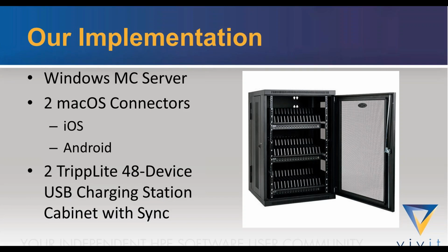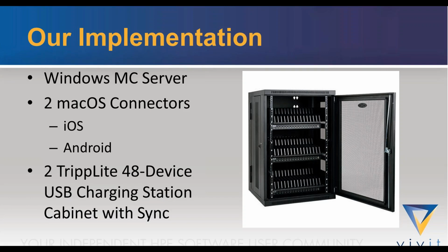So we bought a cabinet to house our devices. It's basically a 48 device cabinet, and it has 3 USB hubs in it. It's from Tripp Lite, and it also houses the connector, the Mac Mini that we have in house.